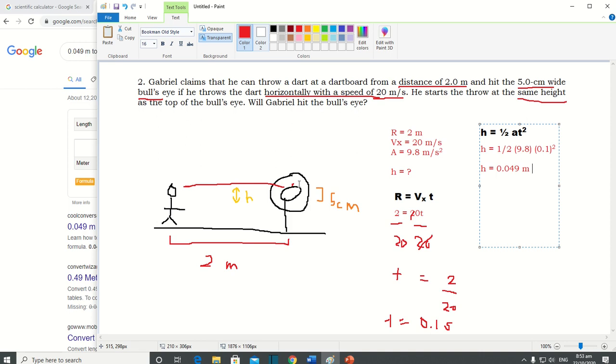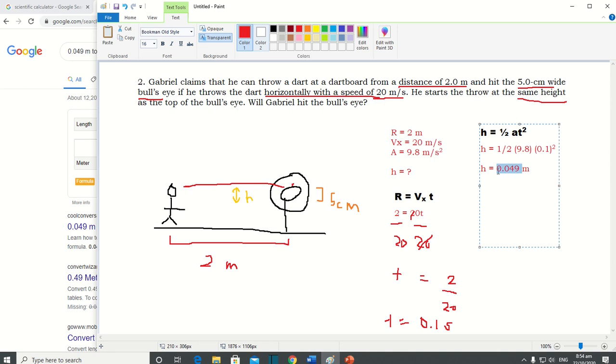Kasi nga 'di ba, tinira niya at the same height. So at the same height na 5 cm nung bullseye, pababa yan. So dapat ang ma-make sure lang na kahit pababa yan, hindi pa rin siya lalagpas sa 5 cm. At ang indication, makikita natin yan based dun sa height ng projectile. So meron tayo ngayon na height ng projectile na 0.049 meters.